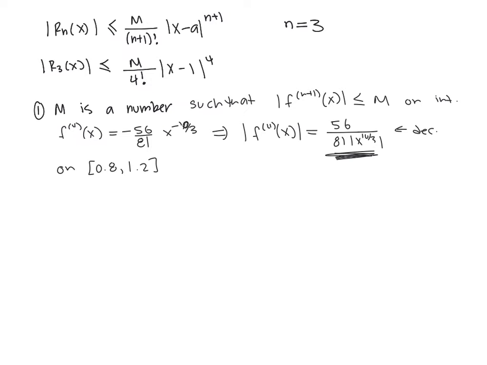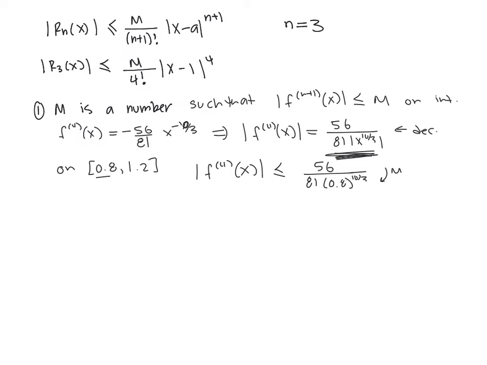It is largest at the left endpoint. So what that means is that the absolute value of the fourth derivative on this interval will be less than or equal to 56 over 81 times 0.8 to the 10 thirds. And this is the number that you use for the M.